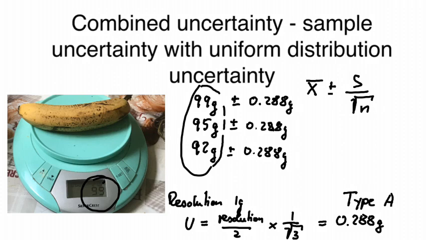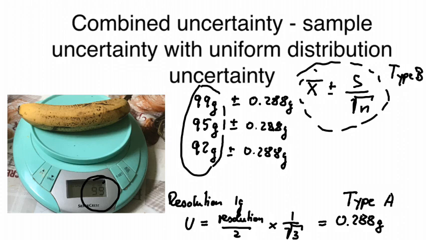So that would be the standard uncertainty when we use the sample distribution. Because we had to do some measurements, this is also called a type B measurement. I hope I got this the right way wrong. No, this is type A. Sorry, this is type A. This is type B. I got it the wrong way around.